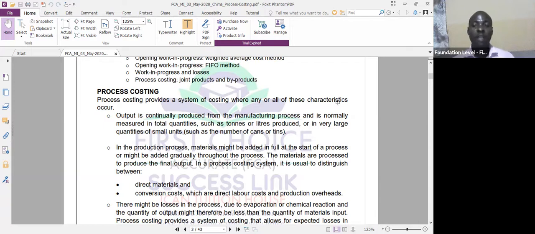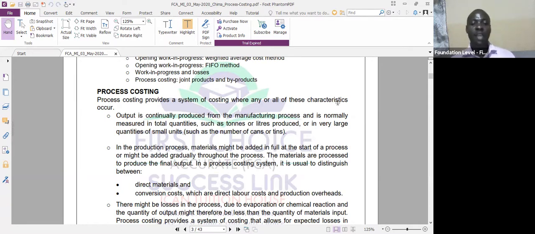So let me give you an example. If you are working in a tomato company where they make tin tomatoes, the output is continually being produced. Or maybe you are producing cans.